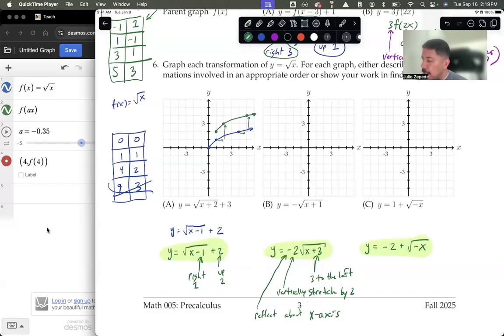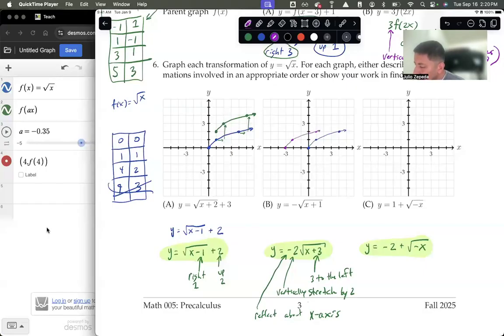Okay, so let's go ahead and graph our original 3 points. 1, 2, 3. There's our original graph, our parent function. And in purple, I'm going to shift these points to the left 3. So 1, 2, 3. There we go. But this is not my graph.